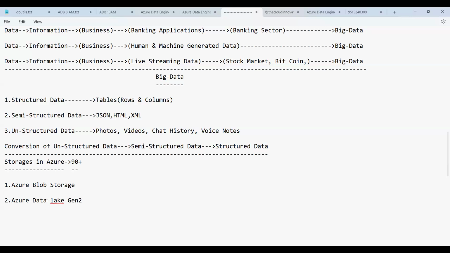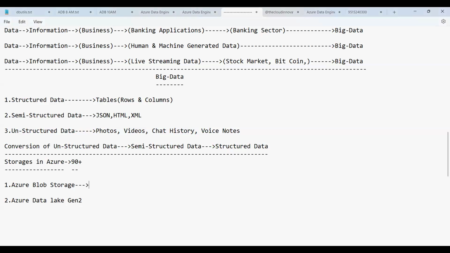Azure Blob Storage is the very basic storage you have, which can store any kind of data.